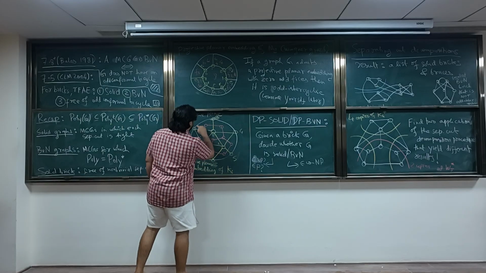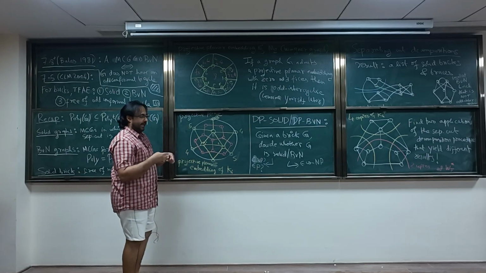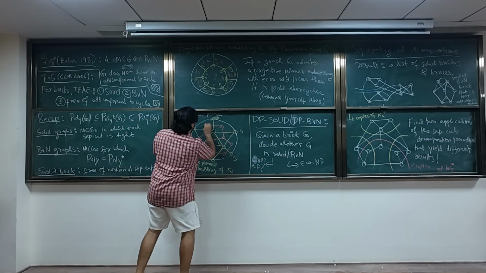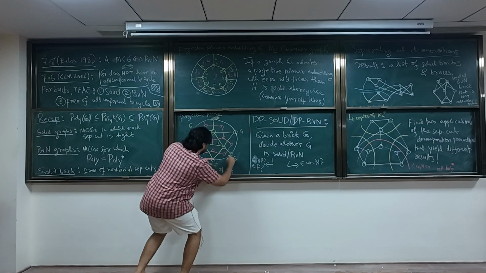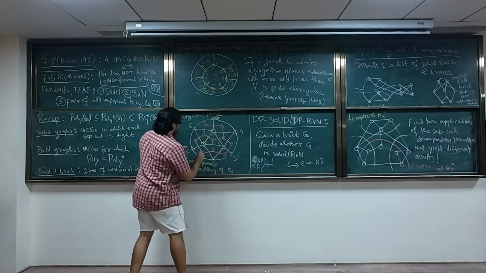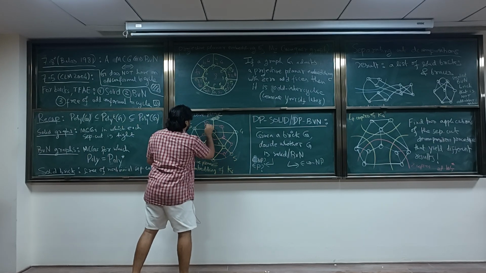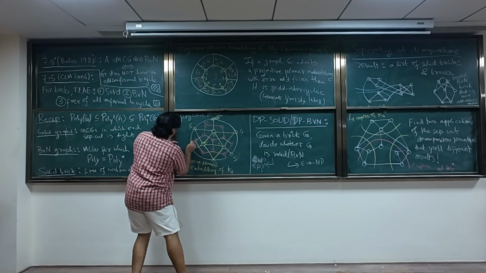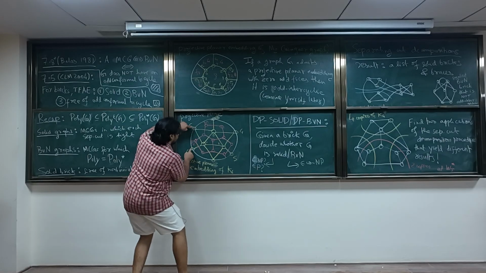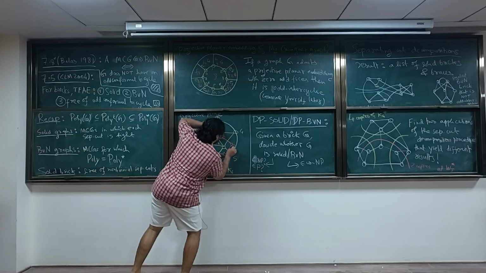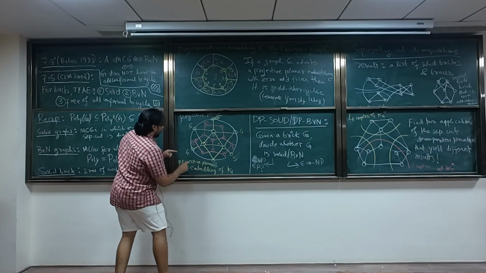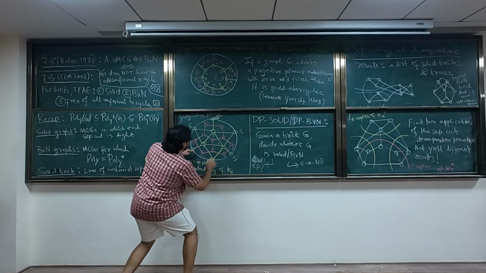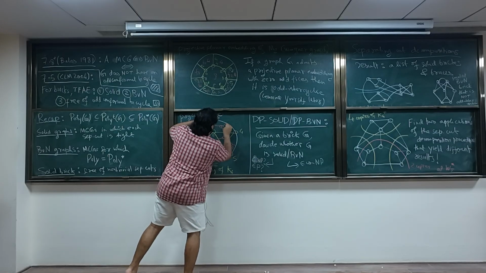Now let's draw the edges. We need one edge crossing each edge. This is an edge of the graph, so we need to go from here. This is the same as this and it will come here. Let me call this E1. Then we have an edge E2. This is the same as this. It will come out here. And we have an edge going from here, E3. This is the same as this. It will come out here.